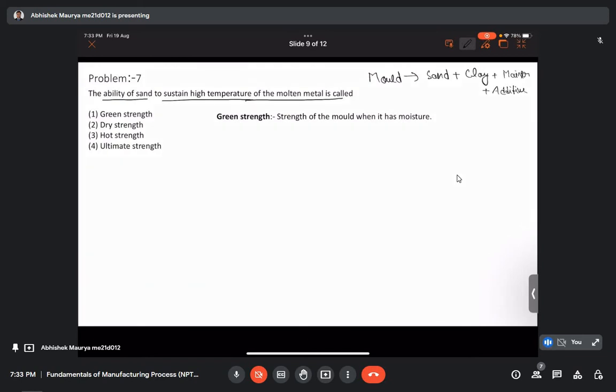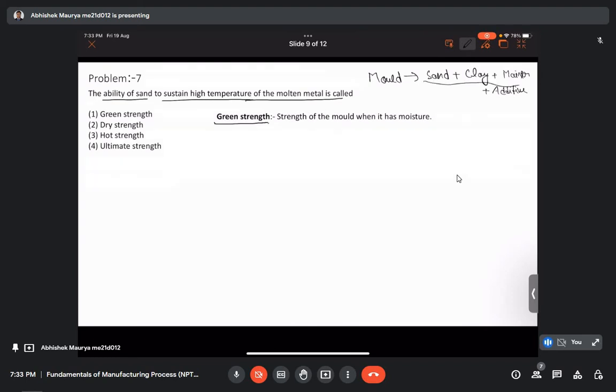So these are all the components of the mold. So green strength is defined as the strength of the mold when it has moisture. It is the strength of freshly prepared mold.